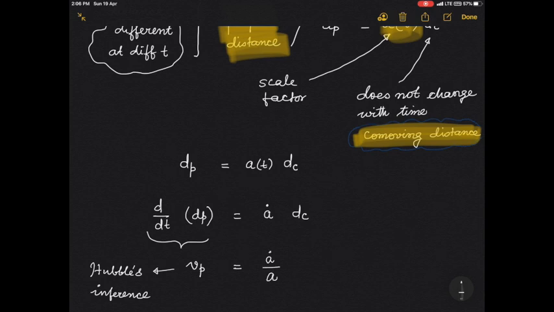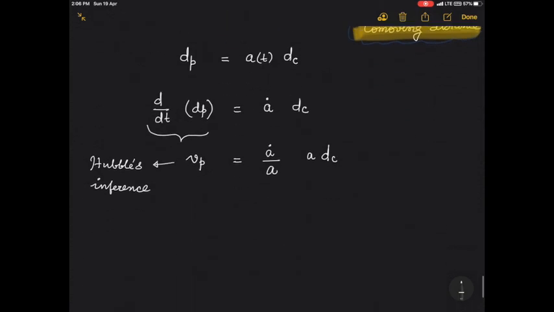In the right hand side, I do a trick. I divide by a, and obviously I have got 1/a in the denominator extra, so I have to multiply by a again. So I get Vp equals a dot by a times a dc. That a dc is nothing but dp.